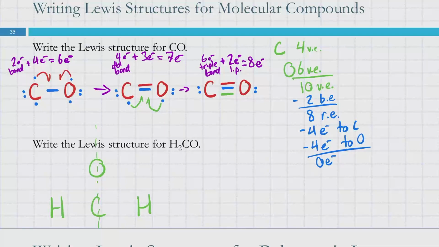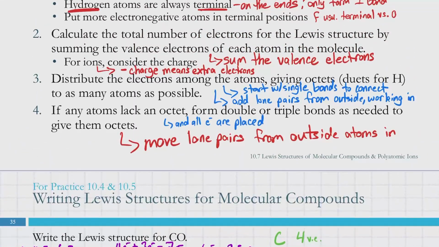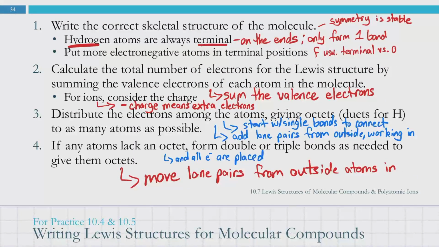Why would we do this instead of this way? Why would we choose the left one, the green one, versus the red one? We want to put more electronegative atoms in terminal positions.